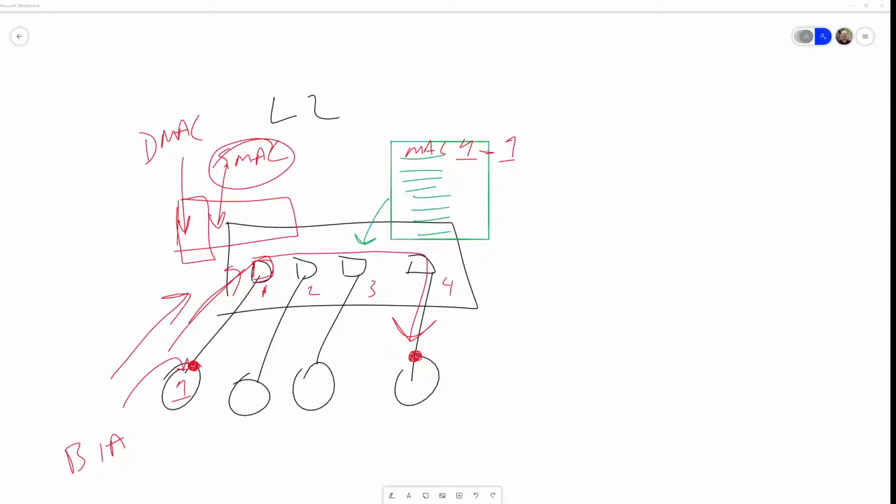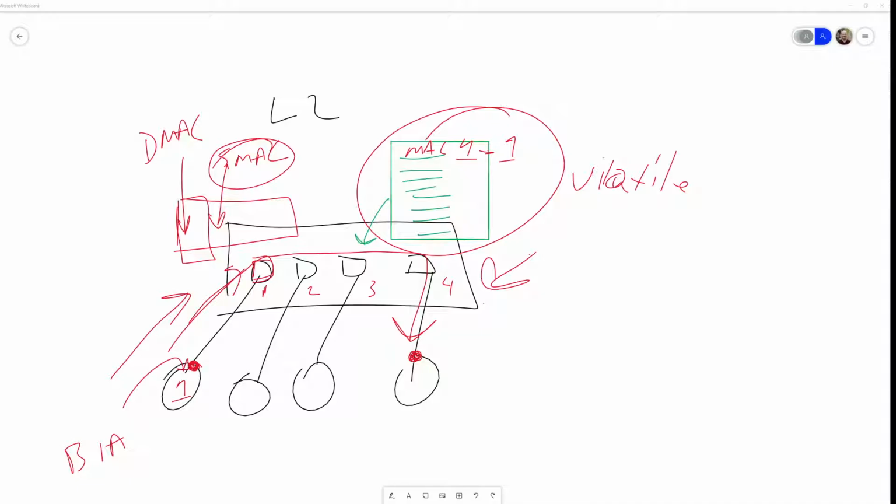Okay? So then that's at the beginning of time when this switch turns on, it doesn't have this table. This is a volatile table. It's built on the fly, and it's removed if this device ever reboots. Okay, so it's built on the fly.